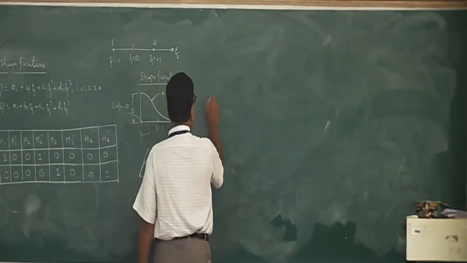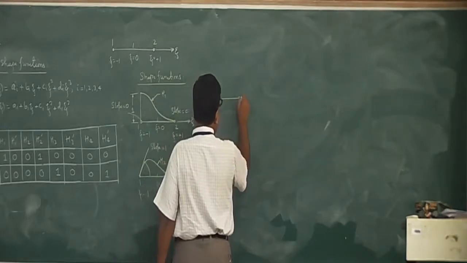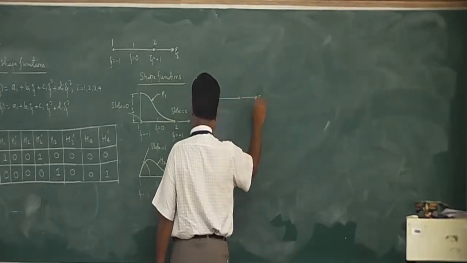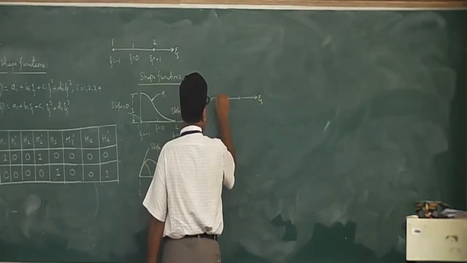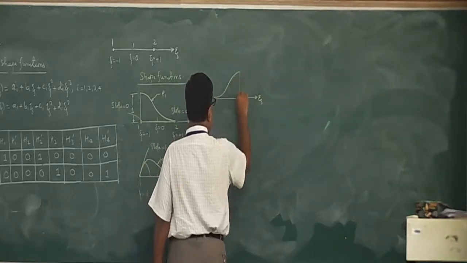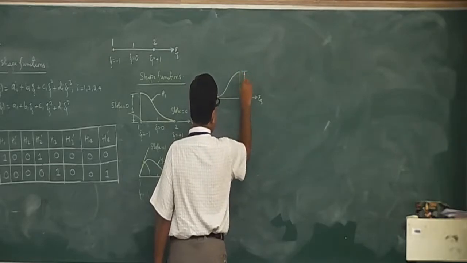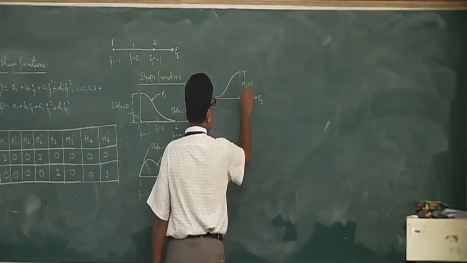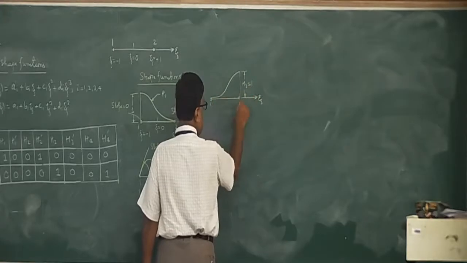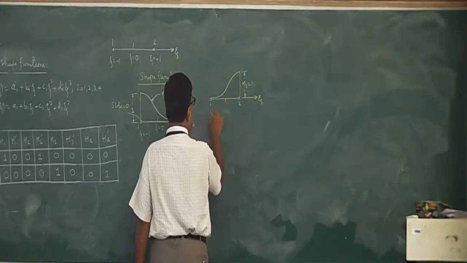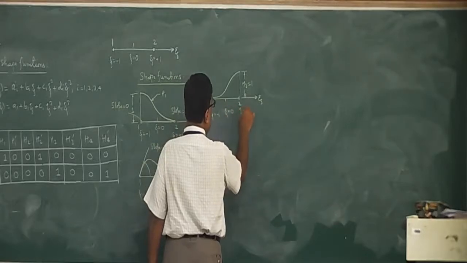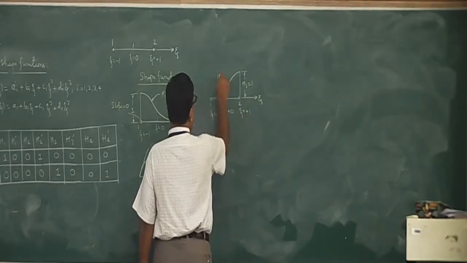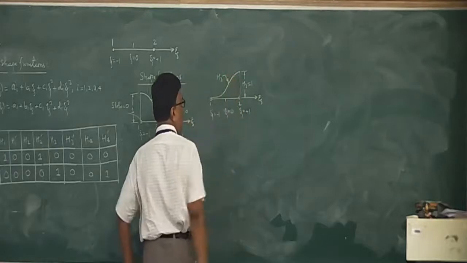Similarly, let us go for H3. This is again zeta, and here it is going to be like this. This H3 is equal to 1 at zeta equal to +1. See here, this is again zeta equal to -1, zeta equal to 0, zeta equal to +1, and this is the variation of H3.